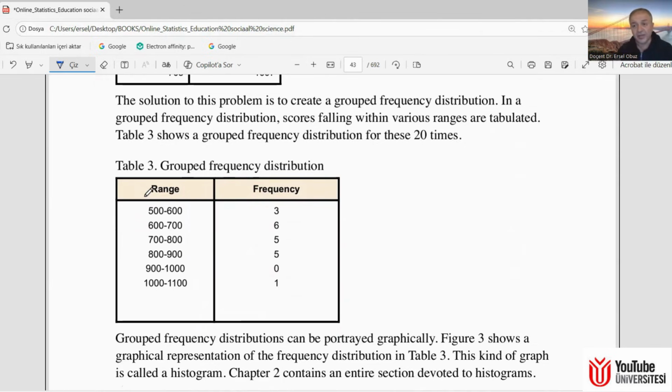Don't forget, when you have a range like this, you need to find the midpoint for most calculations. To get the midpoint, all you do is get 500 plus 600 divided by 2, which is going to give you 550, 650. It will go like that. This is called grouped frequency distribution.